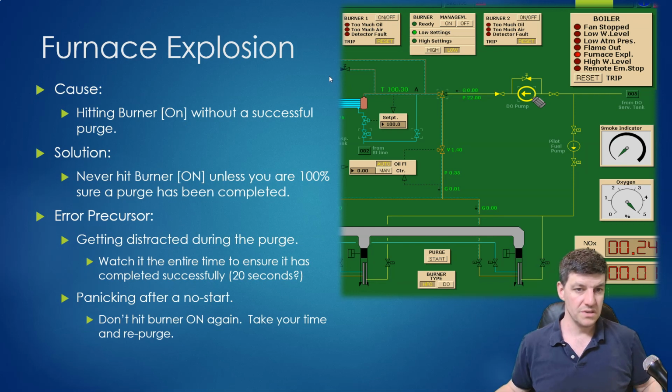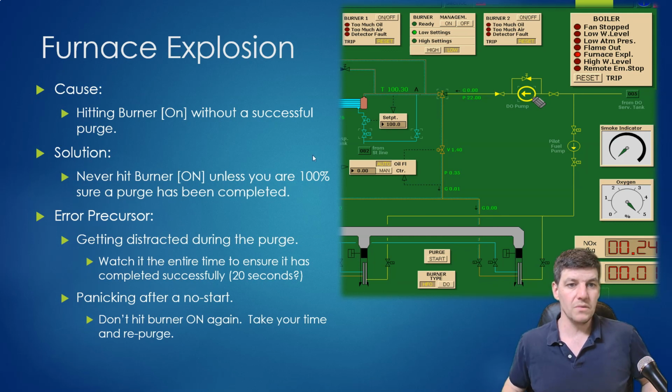So solution, never hit that button in any situation to try to turn on the burner unless you are 100% sure a purge has been completed. Now, we also use that button to turn off the flame, and you can safely turn off the flame at any time if it's on, but turning it on from an off position can always trigger a furnace explosion.